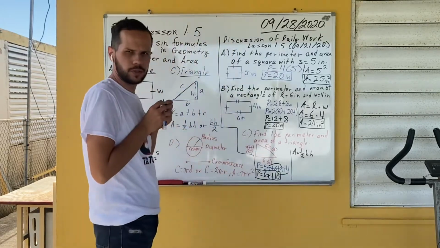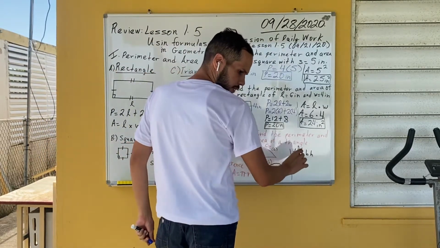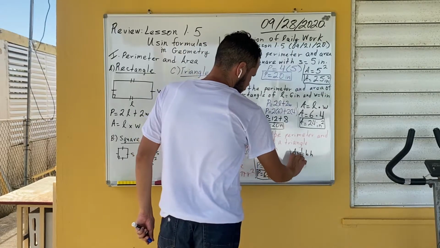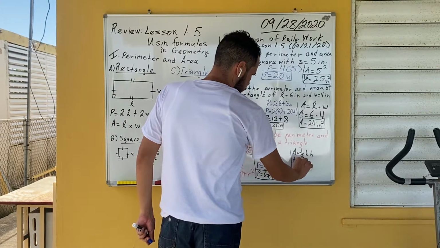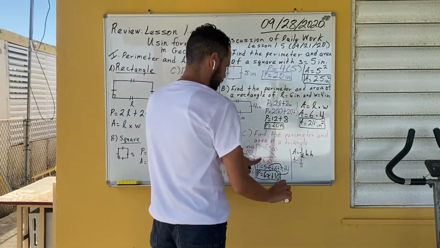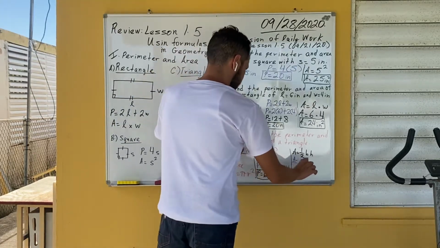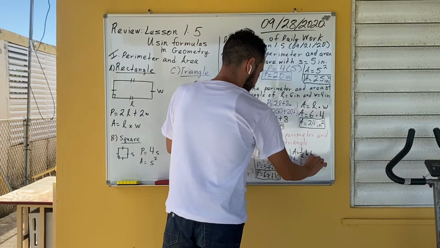So I'm gonna substitute everything I have. So this is going to be area 1 divided by 2. The base is 6 times the height, that is x plus 4.